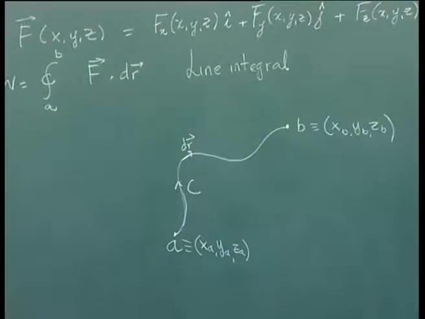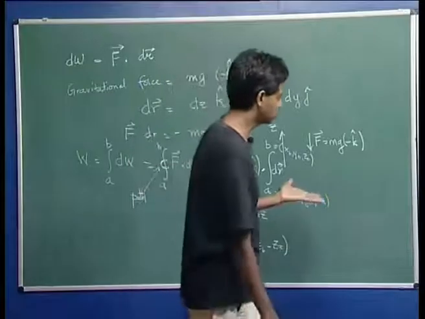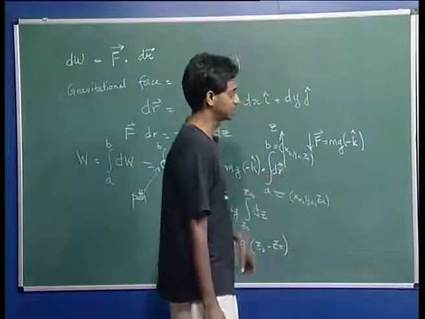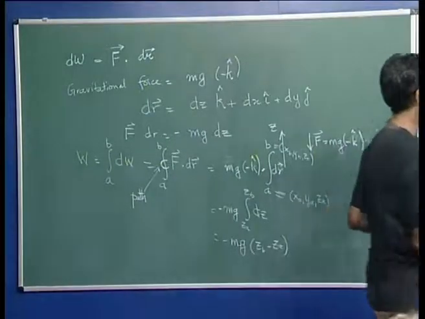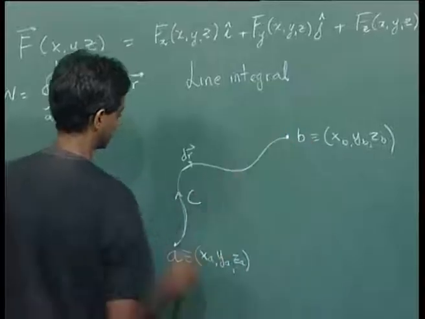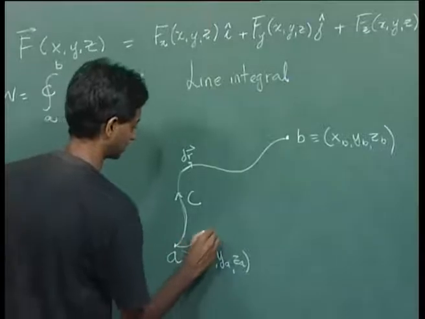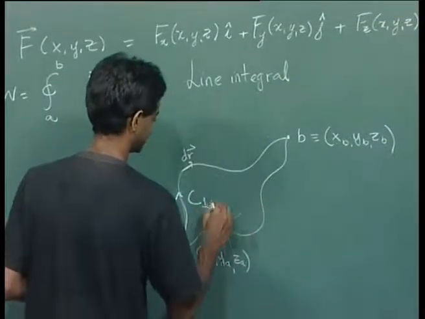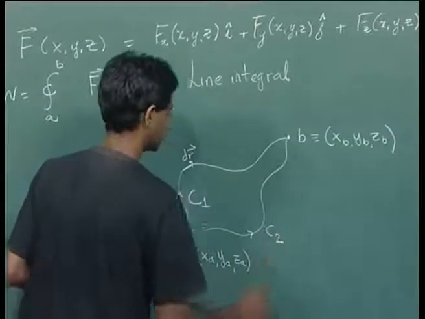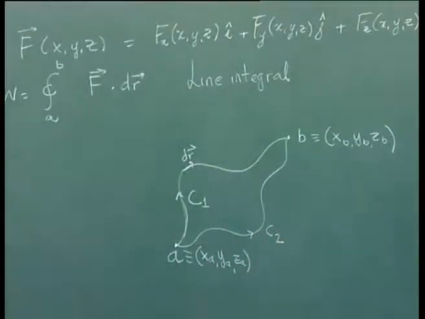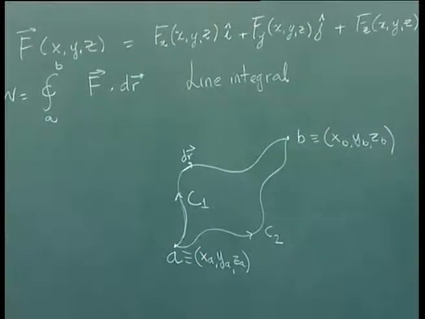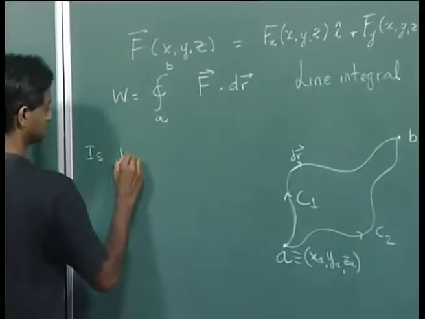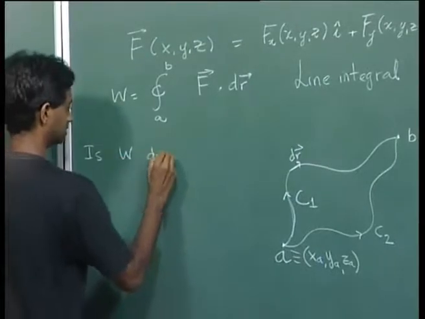Okay. Now you might ask when does this line integral depend on the path? So suppose I go from a different path. So if this is C1, this is C2, is the work done the same or is it different? Is W dependent on path?